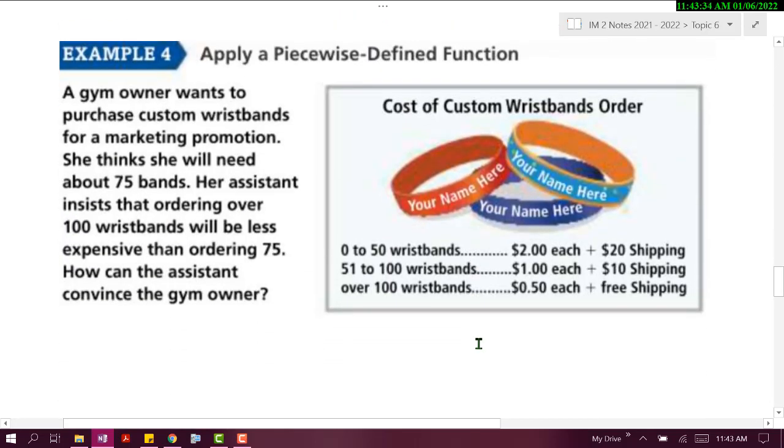All right. The gym owner wants to purchase custom wristbands for a marketing promotion. She thinks she will need about 75 bands. Her assistant insists that ordering over 100 wristbands will be less expensive than ordering 75. How can the assistant convince the gym owner? Well, really, all this is a piecewise function.